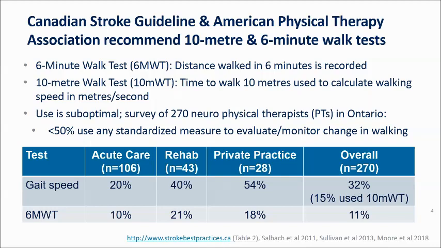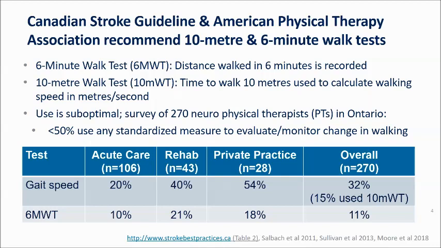However, even though these tests are recommended, and they've long been used in research, we surveyed 270 physical therapists a few years ago and found that use of these two tests was suboptimal in clinical practice. Less than 50% of these physical therapists reported using any standardized measure to evaluate or monitor walking change.